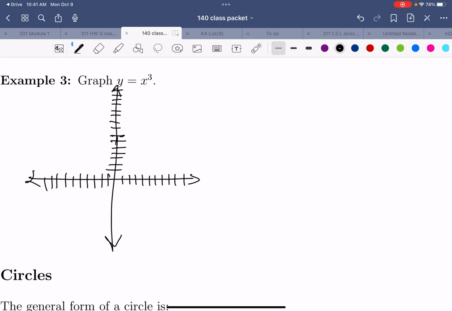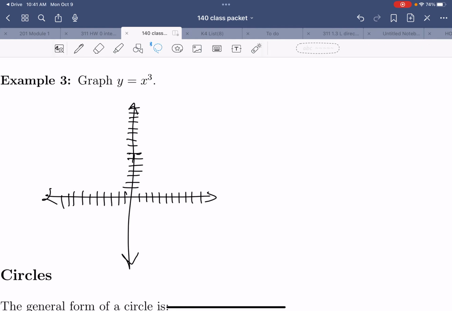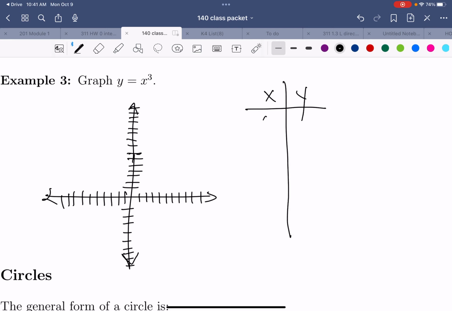That's probably not high enough, but we'll go with it. Let me try moving it down. Okay, then let's choose our x and y's. And I'm going to go with the same 7 numbers.